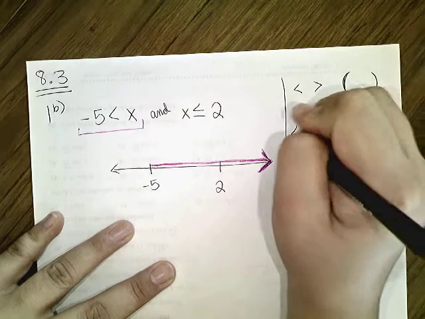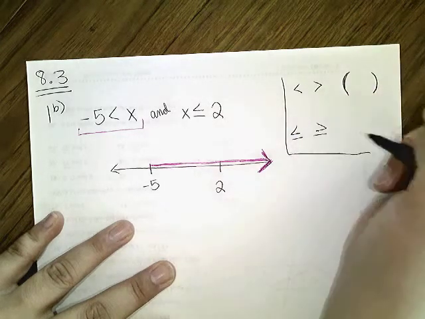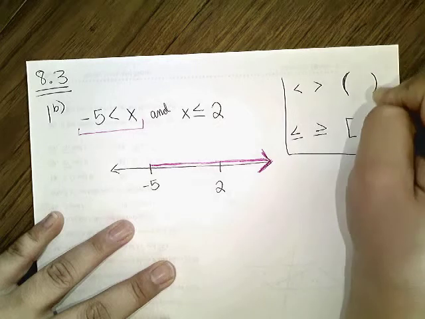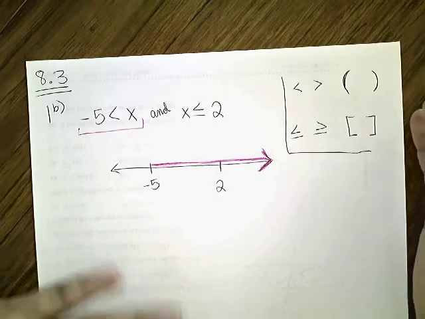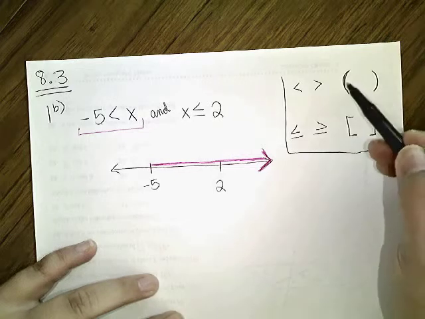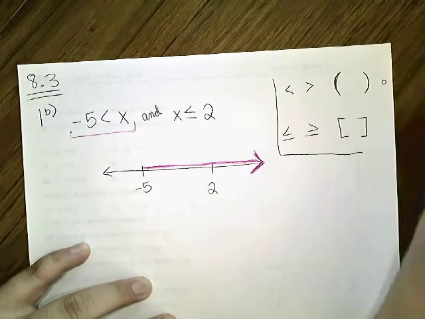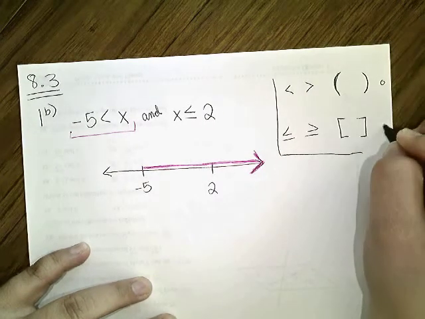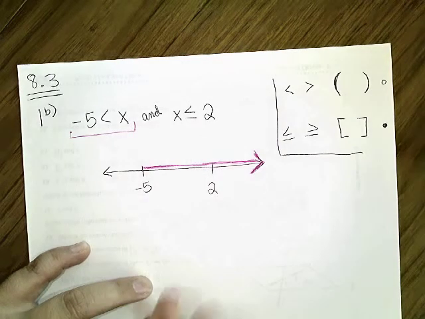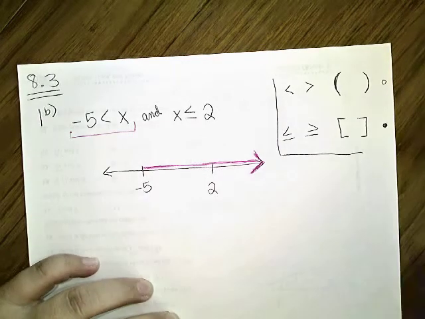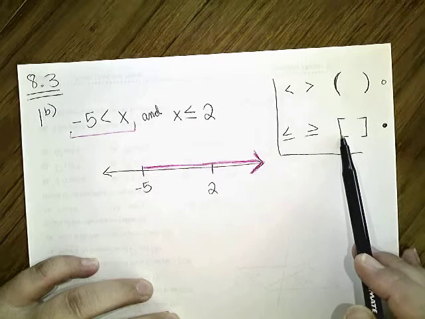If we have a less than or equal to sign, or a greater than or equal to sign, we're going to use brackets to represent those. For those of you who learned this in high school, the parenthesis is similar to an open circle, whereas the bracket is similar to a closed circle. If you know what that means, that's great. If you don't, don't worry about it. We're going to be using parentheses and brackets.